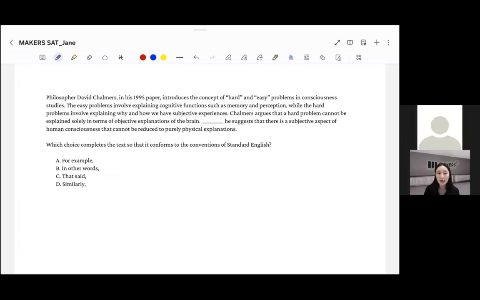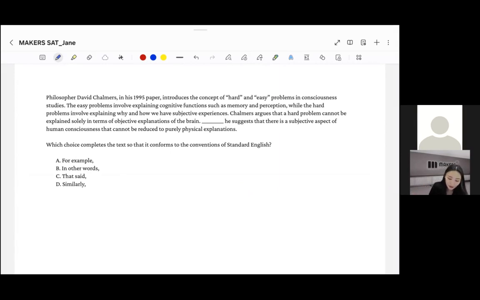So this is saying that David Chalmers distinguishes between easy and hard problems of consciousness and argues that hard problems cannot be explained purely through physical or objective brain processes. And here, what we have to focus on is this is a transition question, so we have to focus on the logical relationship between the two sentences.